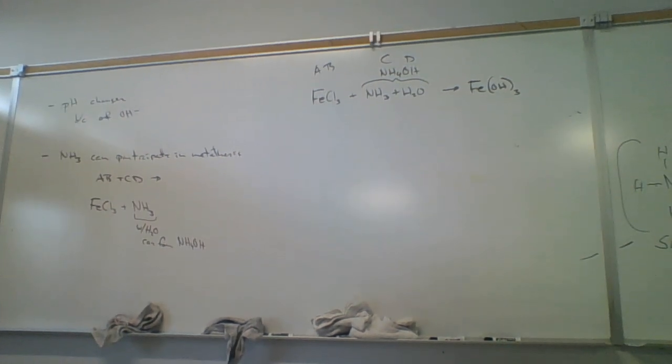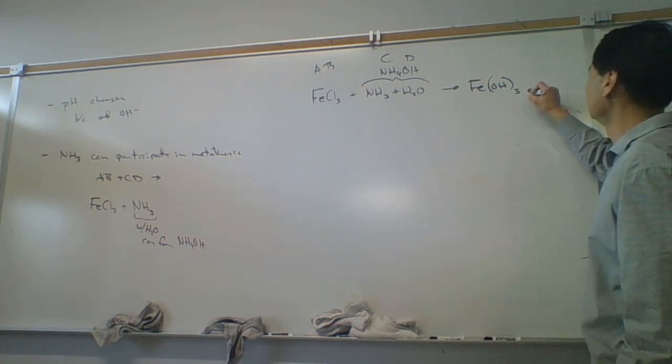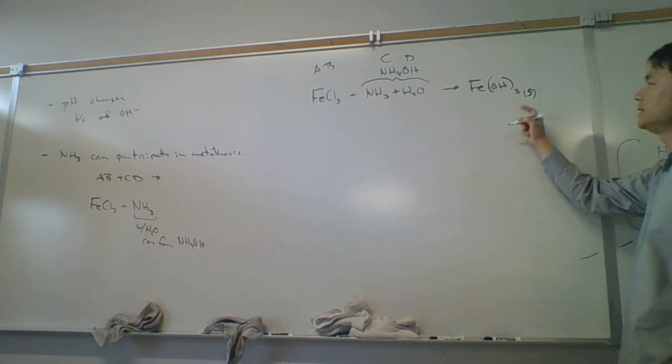Is it soluble or insoluble? What's the rule for hydroxides? Hydroxides are all insoluble except for group 1, ammonium, calcium, strontium, barium. So it's not one of the exceptions, so it's insoluble. It's going to be an insoluble solid.